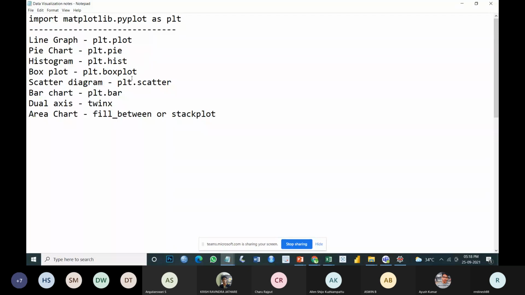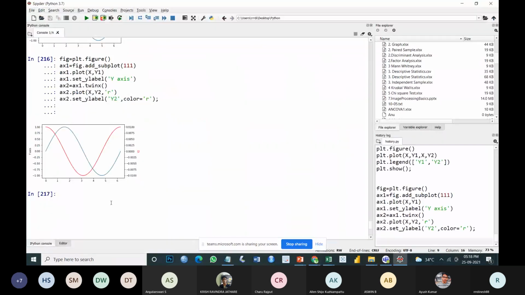Box plot. Scatter diagram, scatter. Bar graph, bar. Dual axis, twinx. Area graph, stackplot is an area graph. So these are all different visualizations, different ways we can represent the data in a pictorial format.